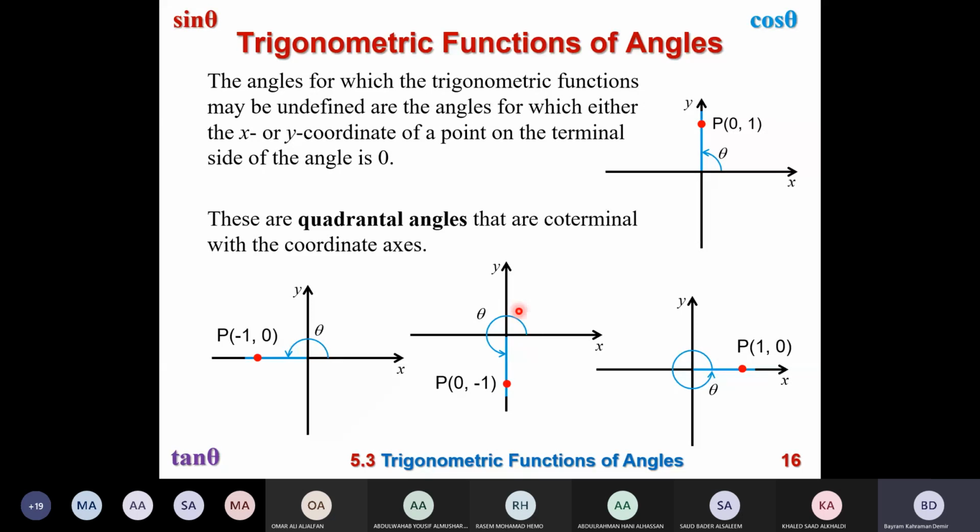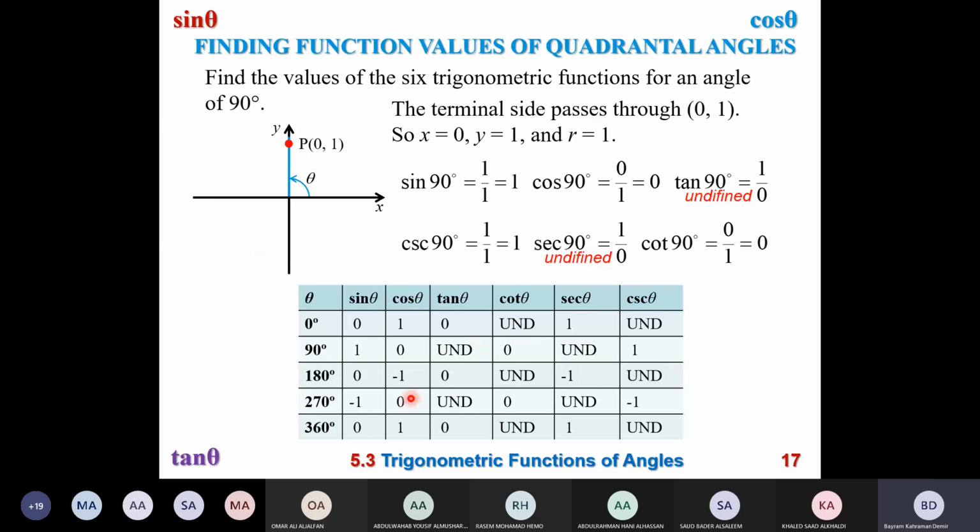And similarly for 270 and 360. In the next table, it is all given. Some functions will be undefined, some functions will be 0, 1, or negative 1, depending on the theta, of course. So please just practice for 90 degrees and see how things are working, and do the same thing for 180, 270, and 360. So those are the trigonometric values of quadrantal angles. These are quadrantal angles, Shabab.